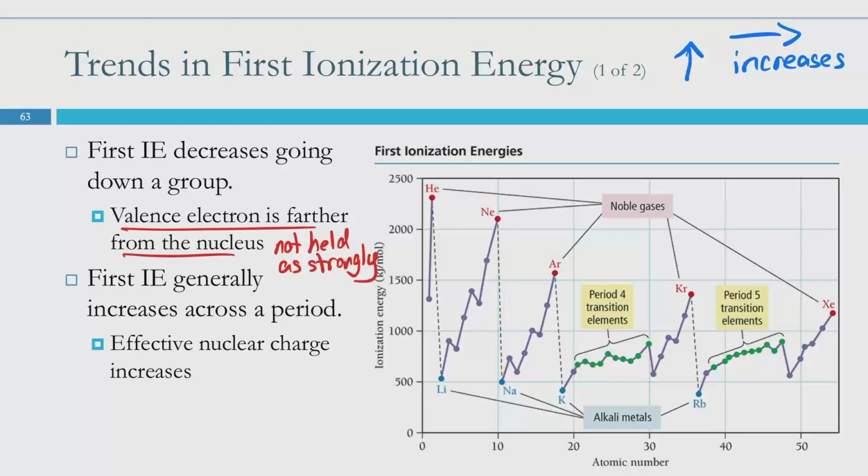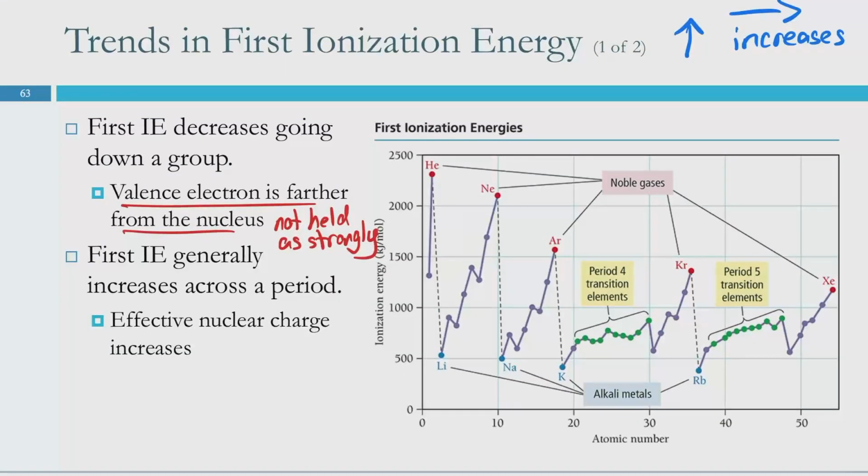They were just kind of the same when you moved left to right, and it really only changed for atomic size when you moved up and down. So it's increasing across a period, again, because we're increasing the effective nuclear charge, and so the electrons are held more strongly.